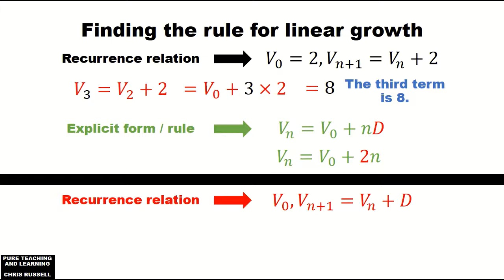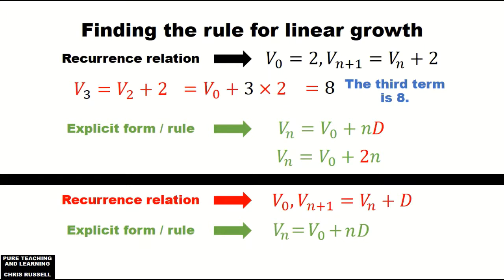Now, here is how we actually go from the general form of a recurrence relation, so where we have the initial value, then each term after that, into the explicit form and rule. So we have the recurrence relation and the explicit form or rule. So this next step is going to show you how those values move.